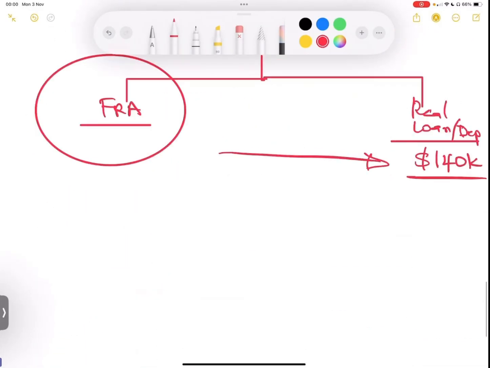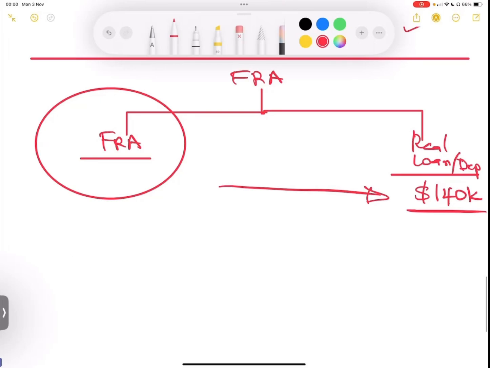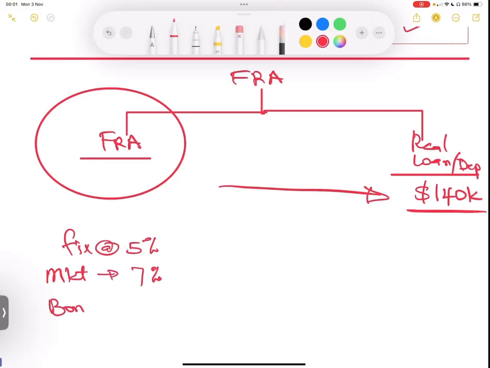So you fixed at 5% and the market is now doing 7%. And you know that this is a borrowing. Is that a gain or a loss?